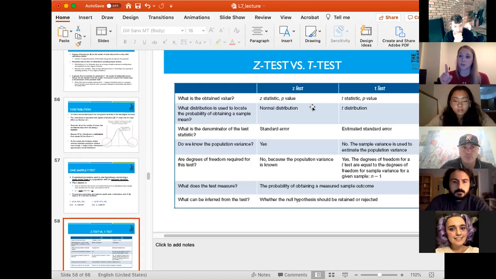The z-test: you know the population mean, you know the population standard deviation, then it's a one sample z-test. If you only know the population mean and not the population standard deviation, you shift over into a one sample t-test. And then next week, what we'll talk about is, let's say you no longer want to compare things to the population. You actually want to compare two groups.